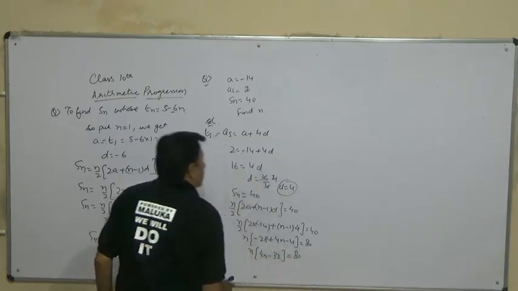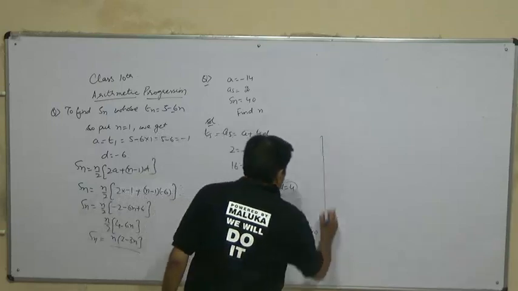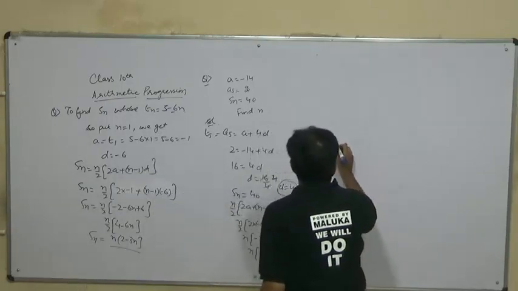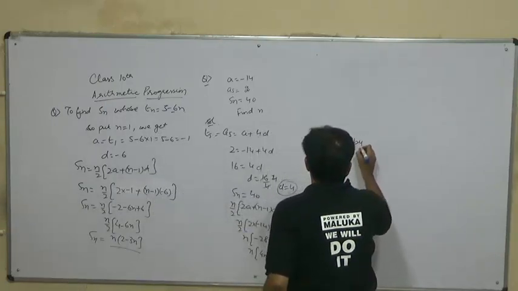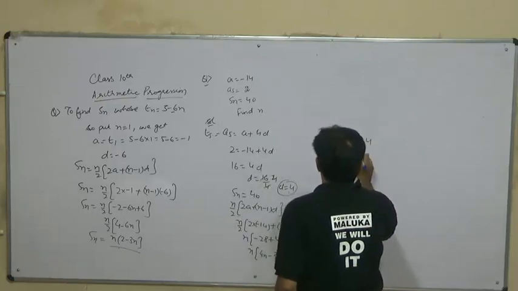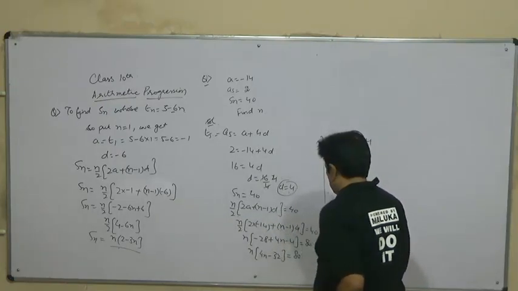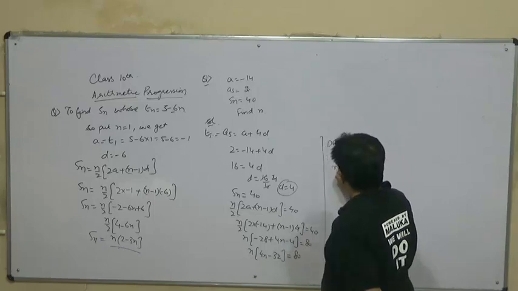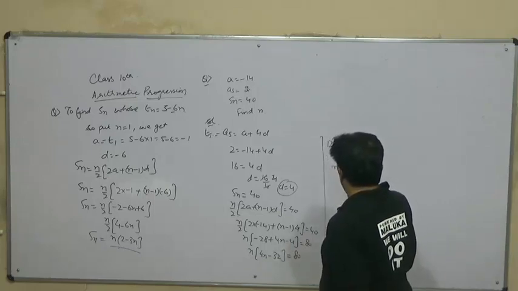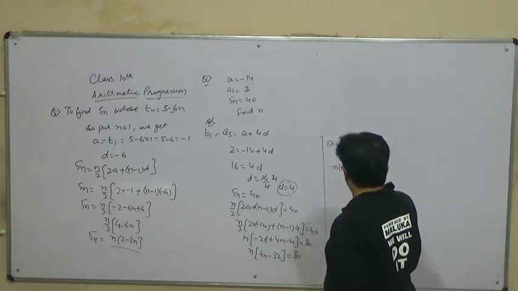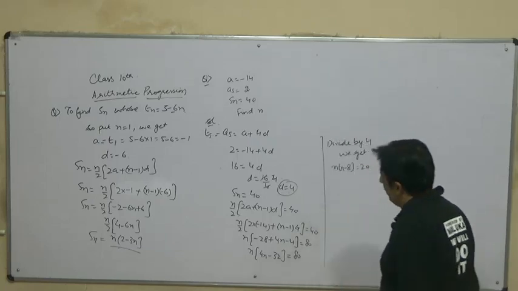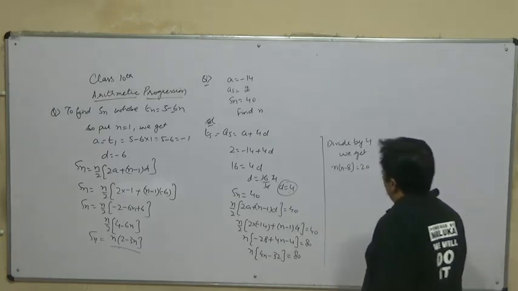Divide by 4. We get n minus 8 is equal to 20. We divided both sides by 4.